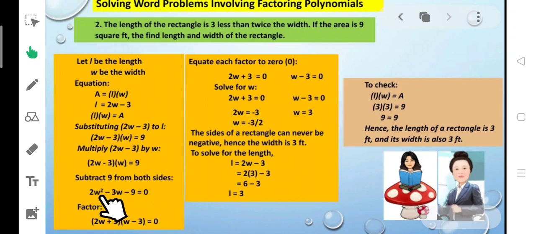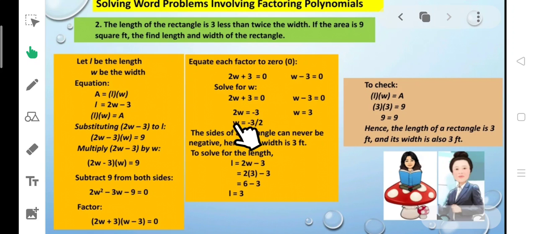The factors of 2W are 2W and W. So equating each factor to 0, we have 2W plus 3 is equal to 0 and W minus 3 is equal to 0. To solve for W, for the first factor, 2W plus 3 is equal to 0. Subtracting 3 from both sides, we have 2W is equal to negative 3.